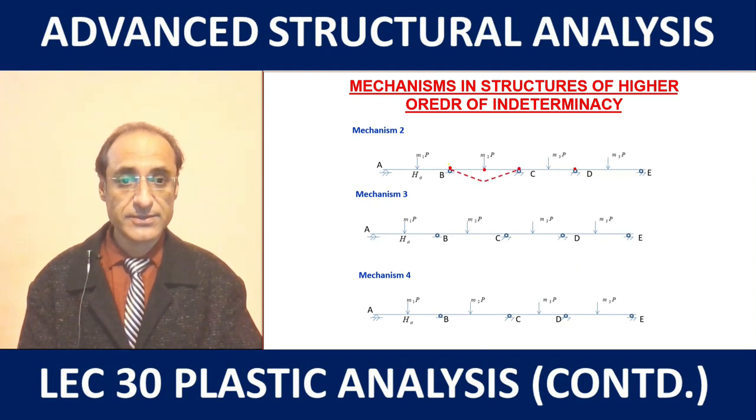For example, here span BC is undergoing the mechanism formation, and here span CD is undergoing the mechanism formation, and finally we have the rightmost span which undergoes this kind of failure.